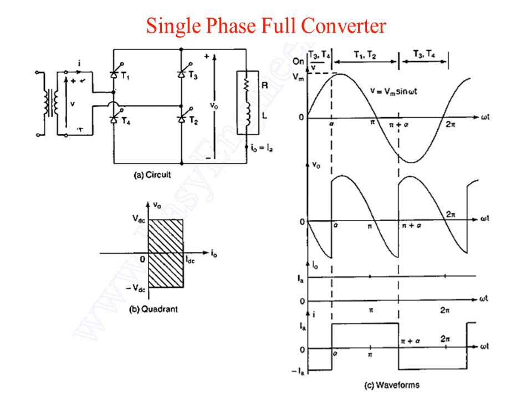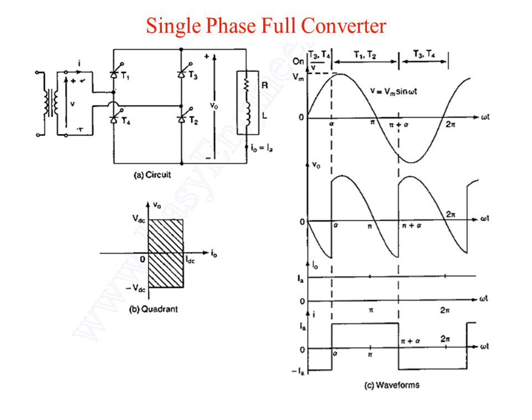This converter is extensively used in industrial applications up to 15 kilowatts. Depending on the value of alpha, the average output voltage could be either positive or negative, and it provides two quadrant operation.